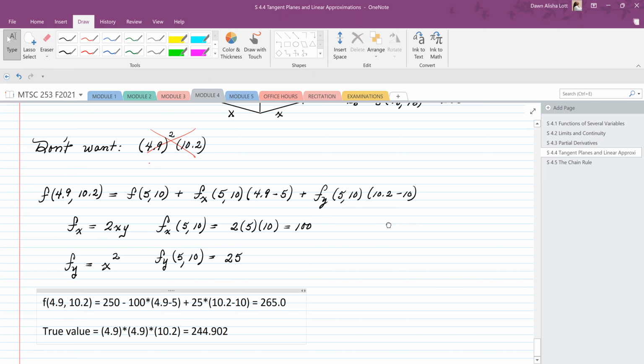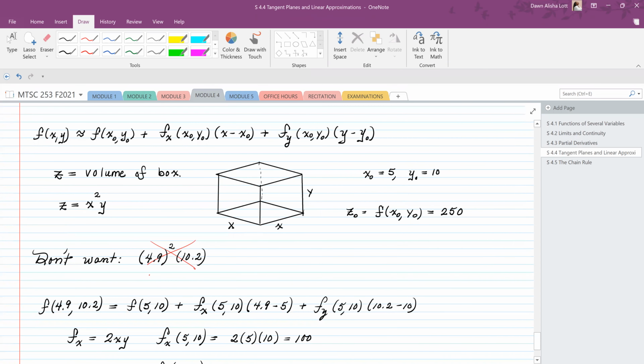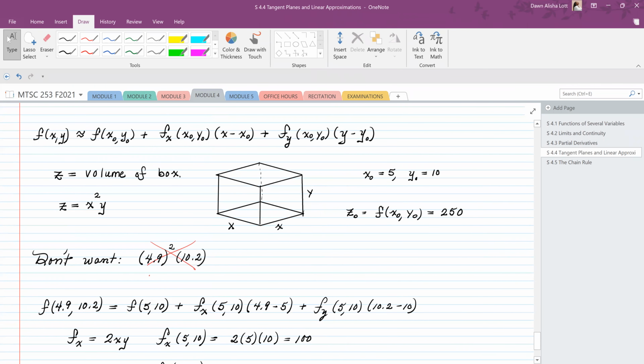That's terrible. We did something wrong here. So X is 4.9. So the base went down to 4.9, 4.9. And then the height increased to 10.2. Okay, so yeah, that's a terrible estimate.